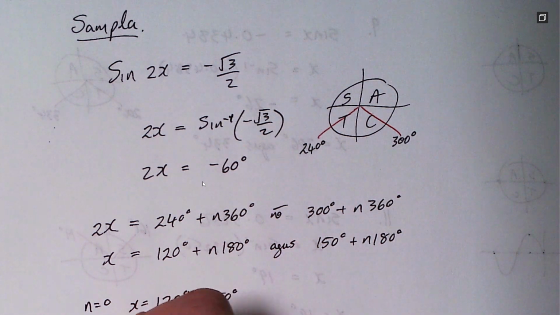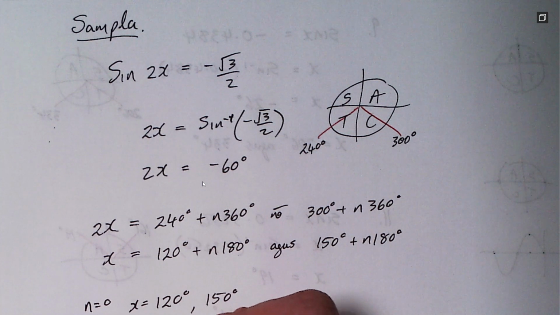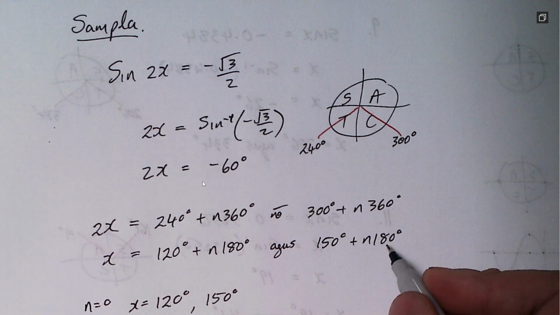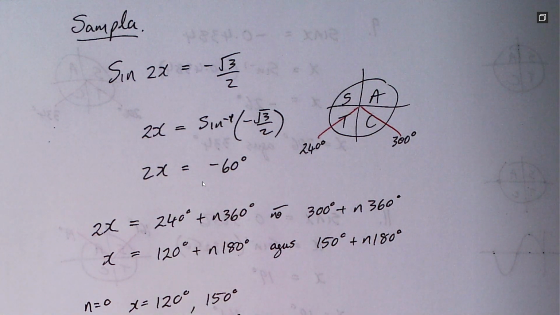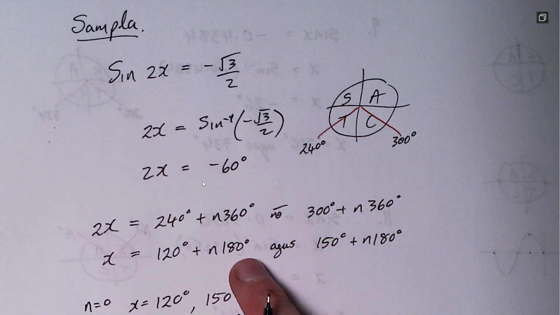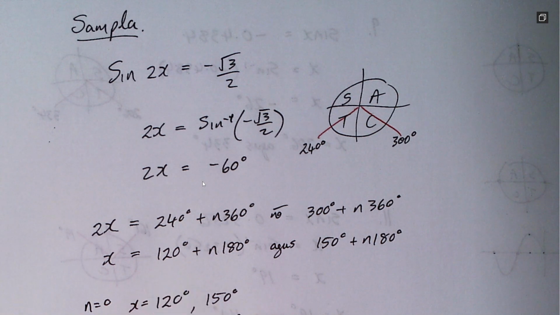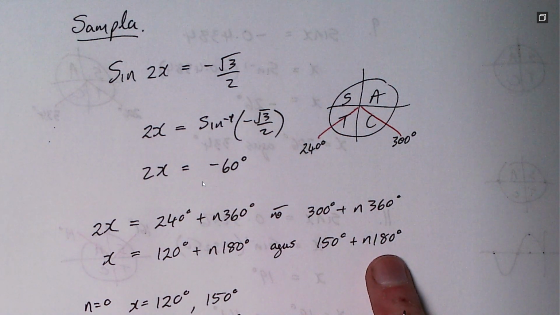N equals 1: 120 plus 180 is 300 degrees, and 150 plus 180 is 330 degrees. N equals 2: 2 times 180 is 360, so 360 plus 120 is 480. So x equals 480, and 150 plus 360.